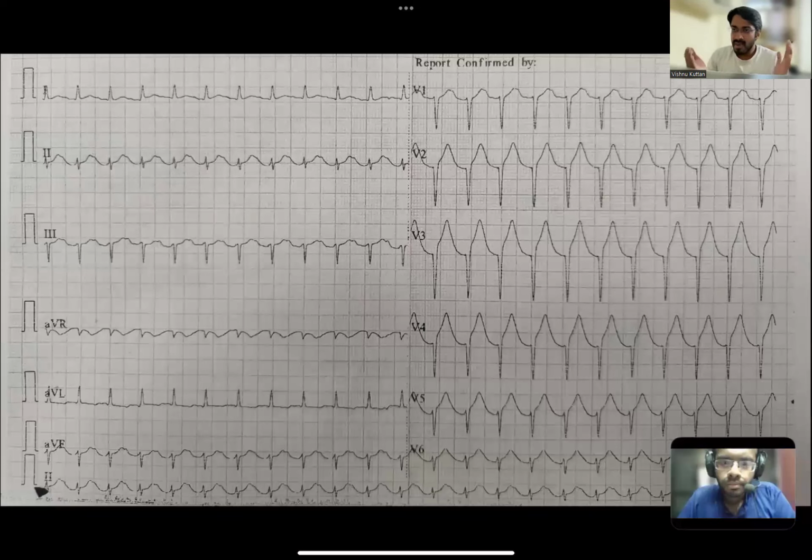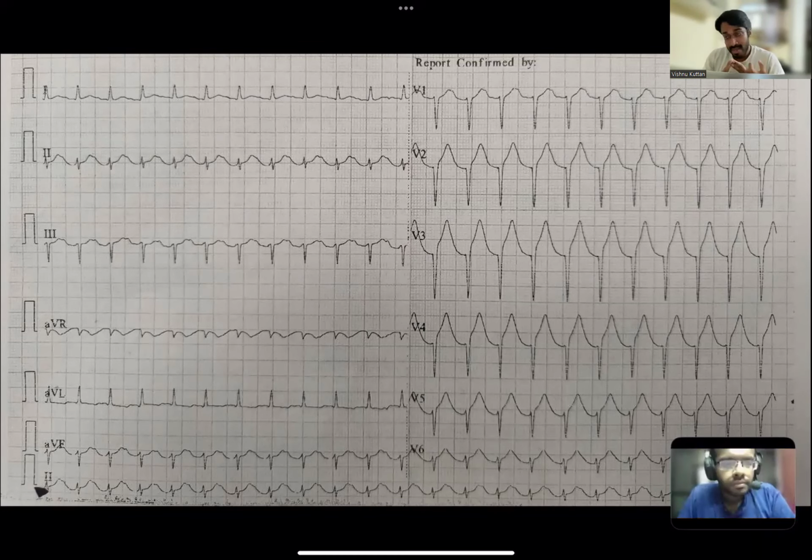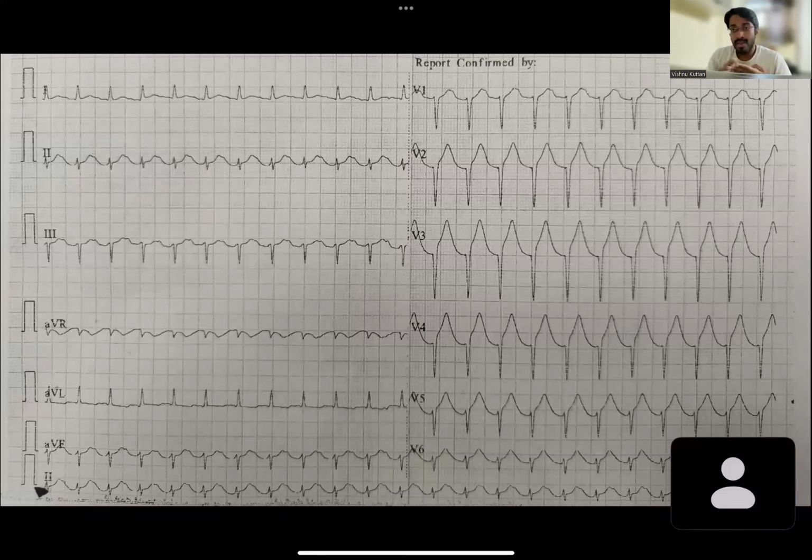Hemodynamic instability means the patient has chest pain secondary to angina, shortness of breath secondary to pulmonary edema, shock, cold peripheries, or decreased sensorium secondary to reduced perfusion.